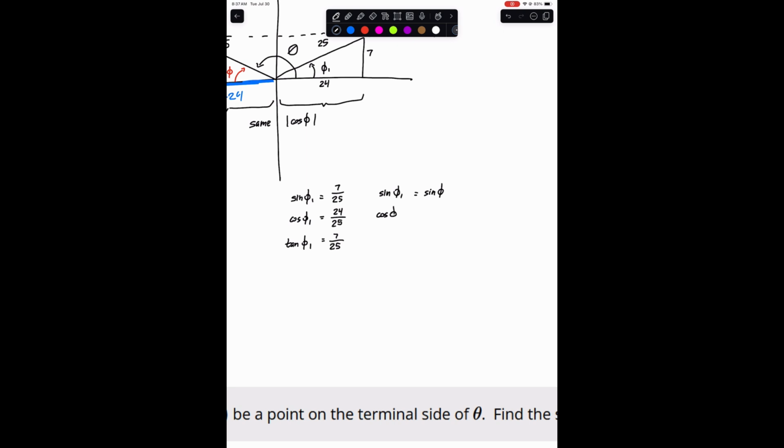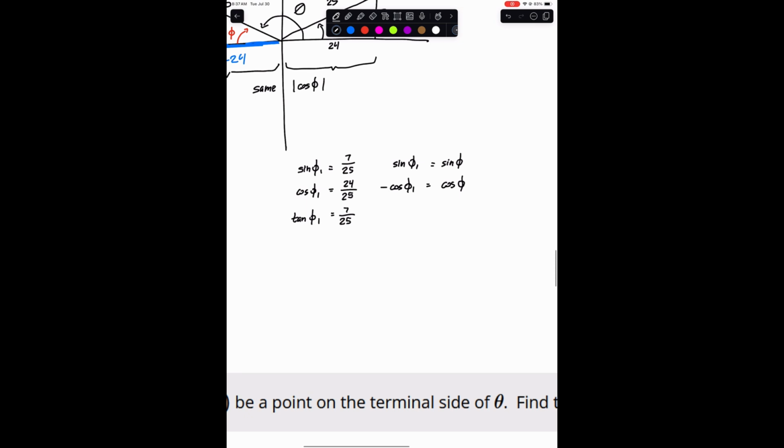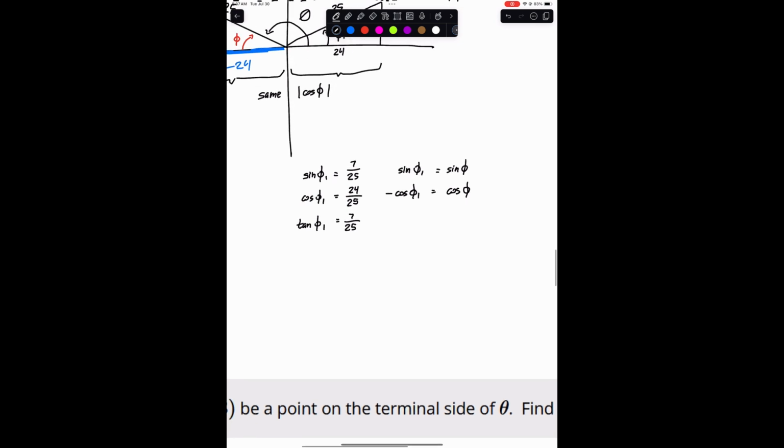Cosine, it's on the opposite side, so negative cosine phi1 equals cosine phi. For tangent, we have a positive and a negative.